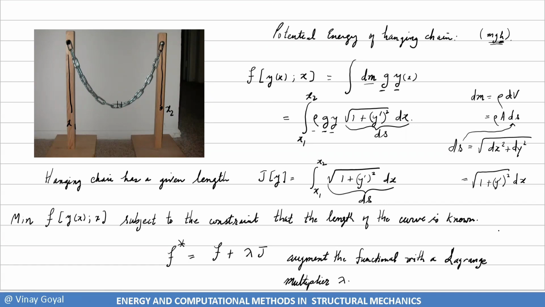And so that's what we got. I'll multiply this term right here times lambda, add it to this one, and then factor out the square root of 1 plus y prime squared since it's in both terms, and we can go from there. And so when I do that, I get f star.